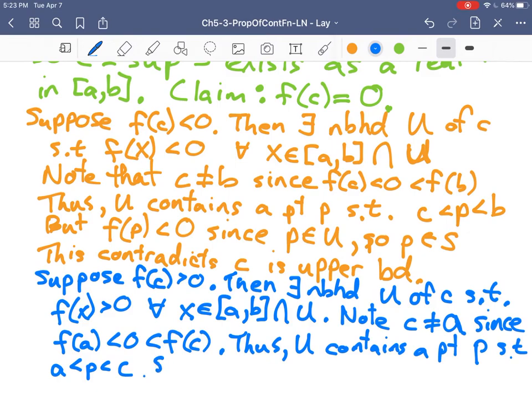Since f of x is greater than 0 for all x in U, f of p has to be greater than 0.